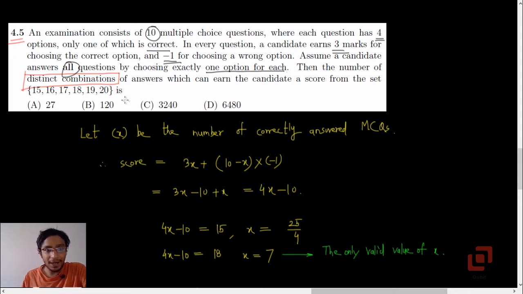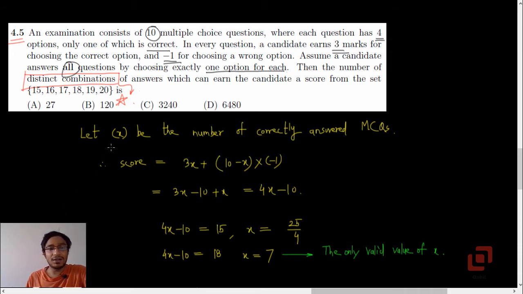Because of the presence of the option 120, you may think during our solution that 120 is the right option, but that's not true. The words distinct combinations will result in a change of opinion, and then you will shift to the correct option. Anyways, we will start our solution.